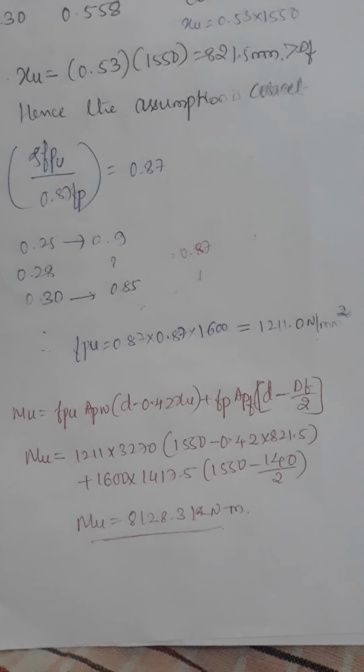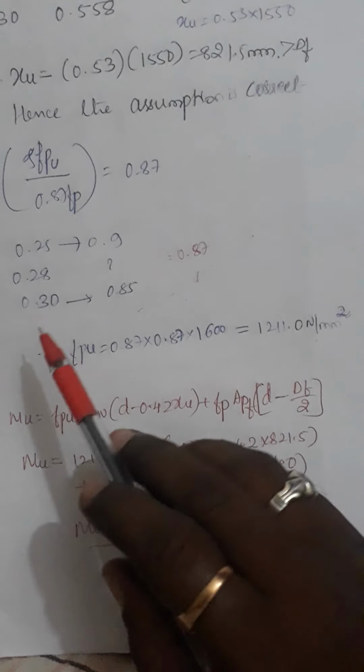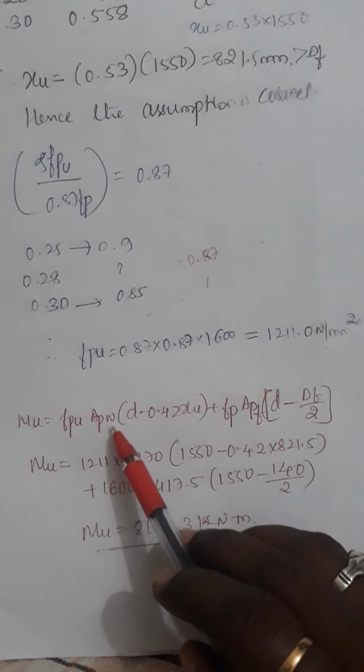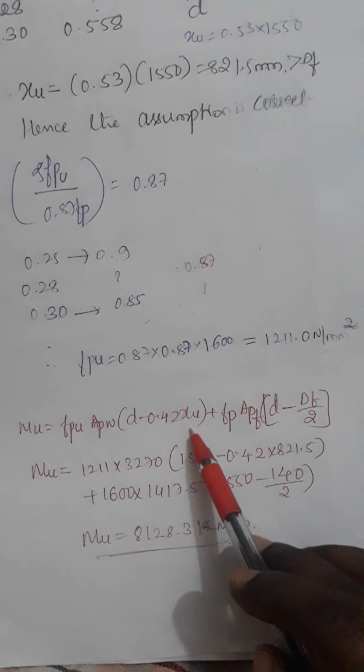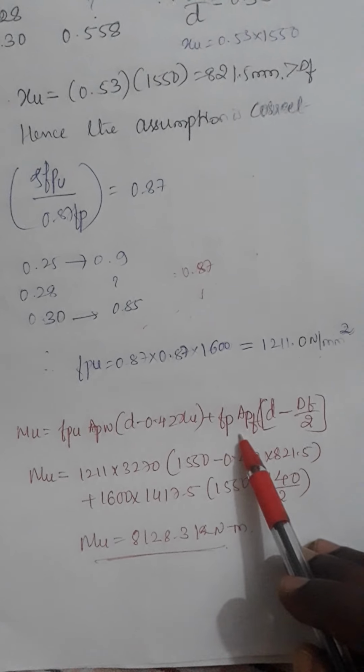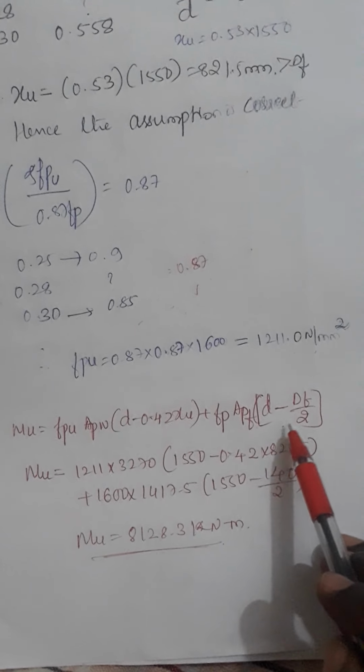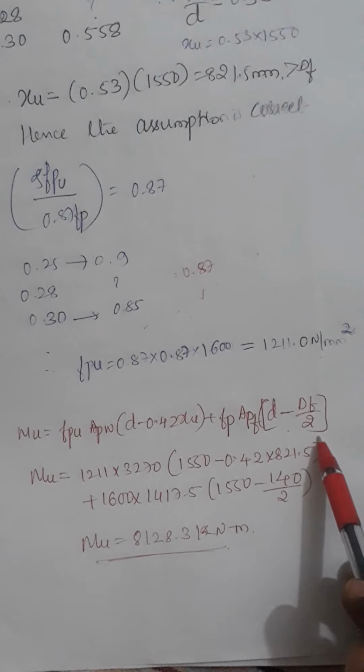So we know the formula, if it lies at the web, then moment of resistance MR equal to FPU APW into D minus 0.42 into XU, plus FP into APF into D minus DF divided by 2.